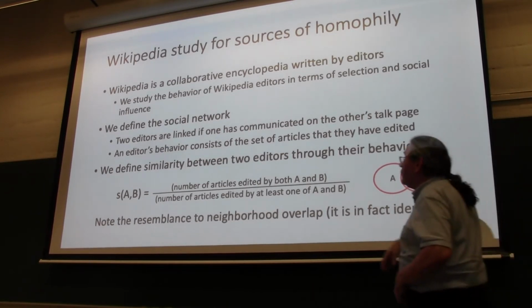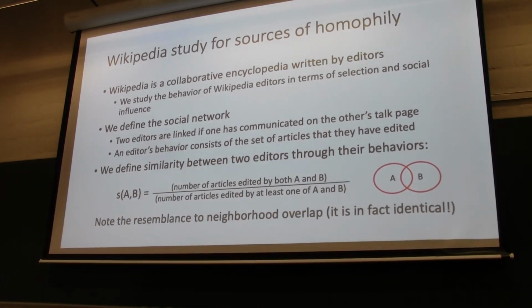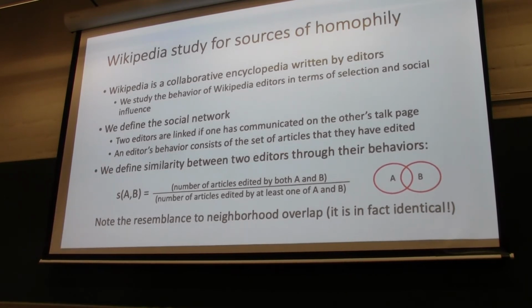The behavior of the editor, let's say, is the set of pages. Each editor has a set of articles that they edit. For example, a physicist could edit lots of articles on quantum theory, but maybe also articles on Immanuel Kant's philosophy, if they like that.